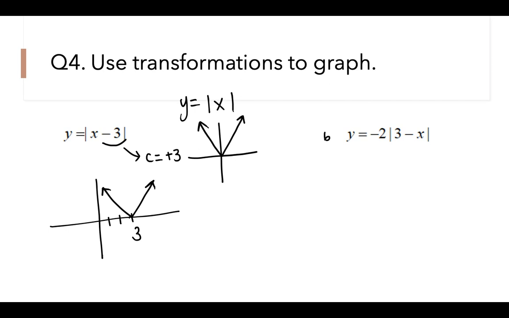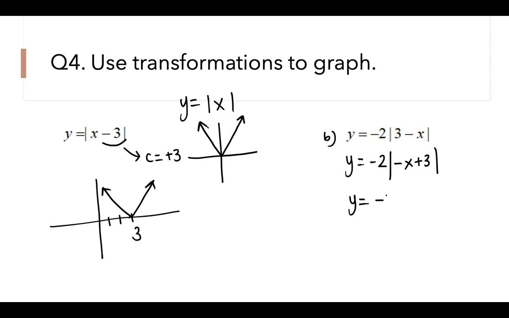Next, you'll notice that it starts with number 3 minus x. We don't like that. So what we want to do is rearrange it so that x is starting first. So y is equal to negative 2, absolute, negative x, plus 3. Now, when it starts with negative inside the bracket, we are going to factor the negative.